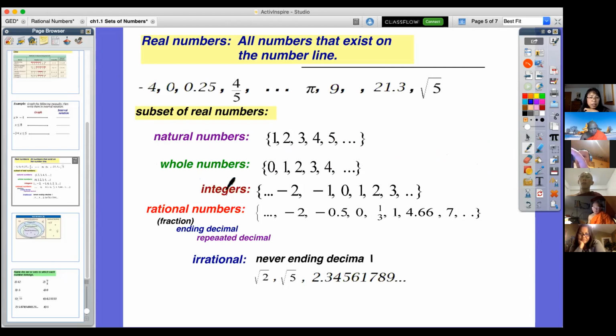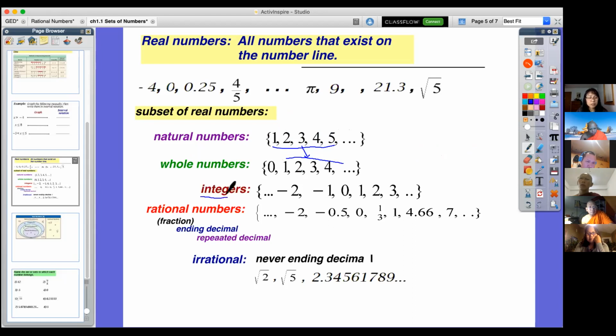Integers include everything here. So for integers, you can have -5, -10, -2, everything all the way to the right. If you stare at it for a minute, you see natural numbers are counting numbers: 1, 2, 3, 4, 5, 6, 7. Whole numbers take all the natural numbers and add one more, zero.